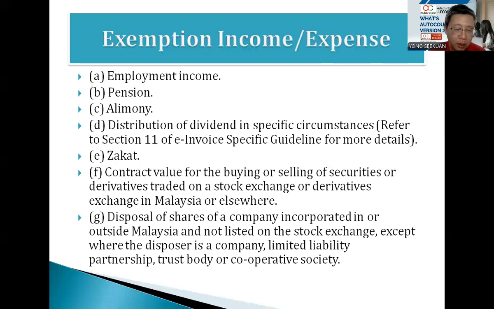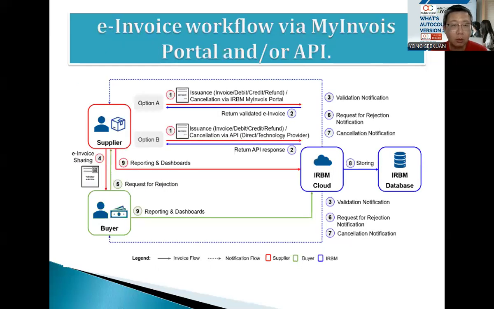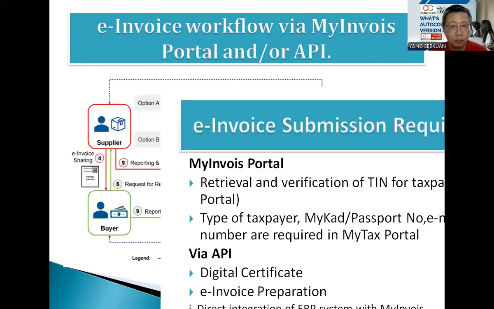Employment income is normally your salary, your EPF, your SOCSO, or some payment on your pay slip. So it will be exempted, no need to issue the invoice. So this is the e-invoice workflow that goes through the MyInvois portal and the API. So we go to the next slide to explain more detail on this graphic.